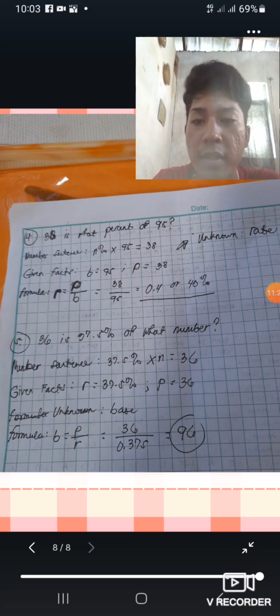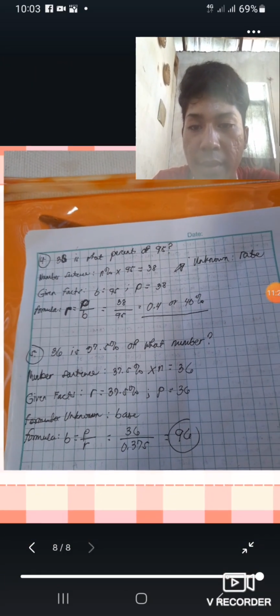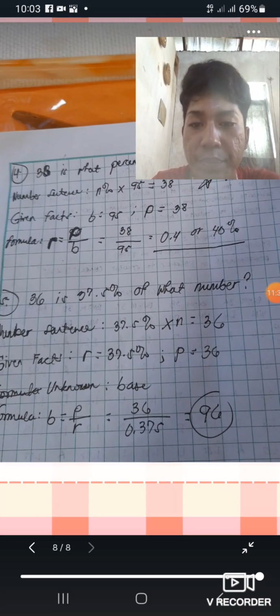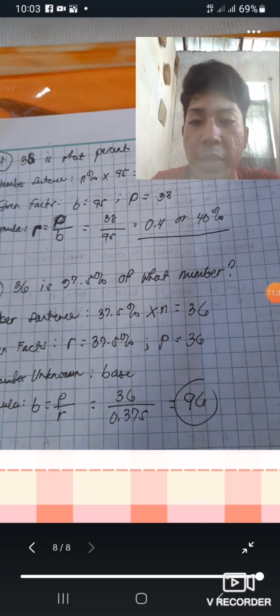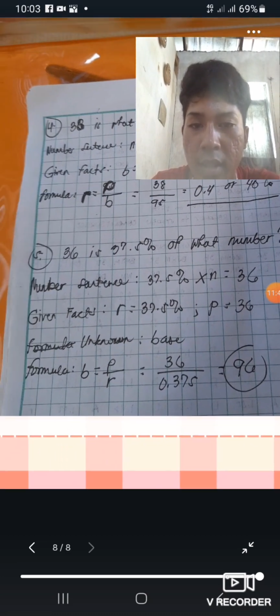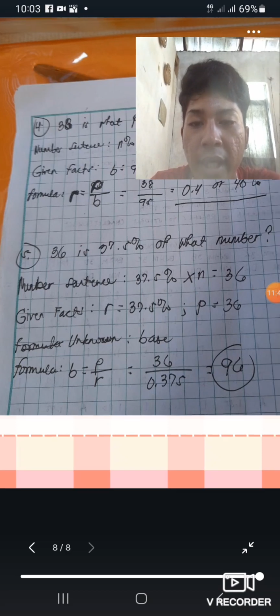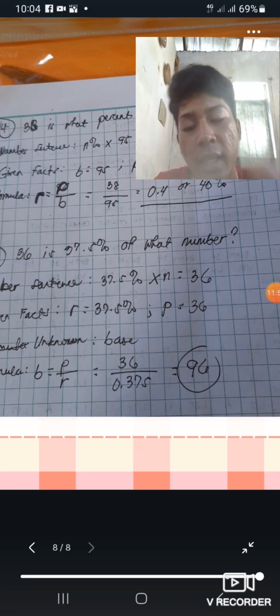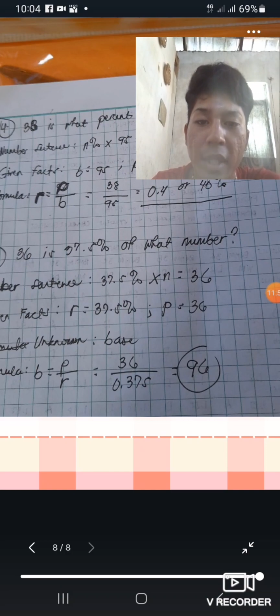Okay, let's move on to number 5. 36 is 37.5% of what number? So we have the number sentence 37.5% times n equals 36. Given facts: rate equals 37.5%, and the percentage equals 36.